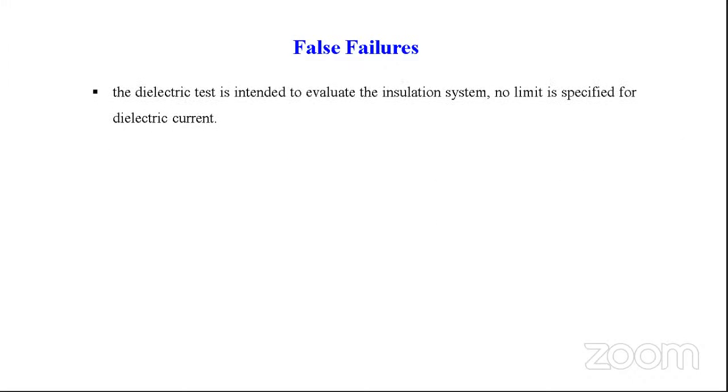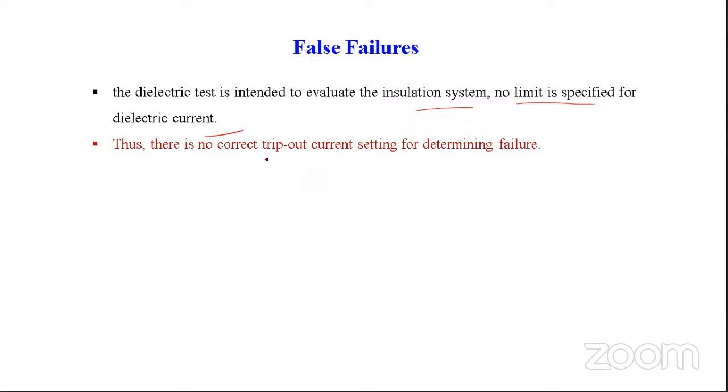So the dielectric test is intended to evaluate the insulation system. No limit is specified for the dielectric current, so there is no correct trip current setting for determining the failure.